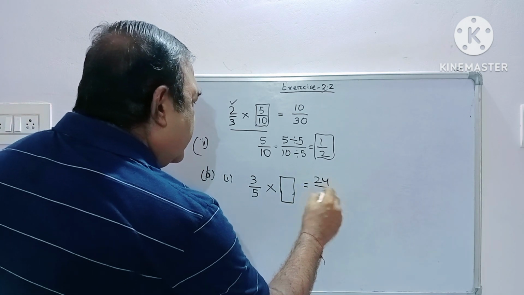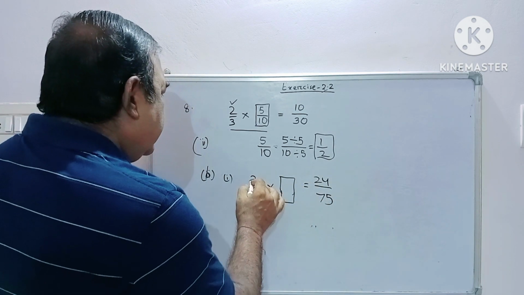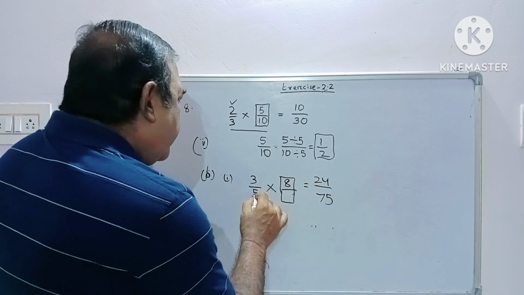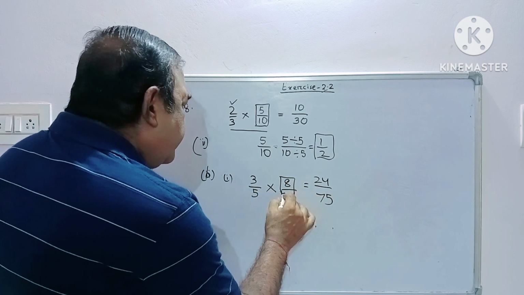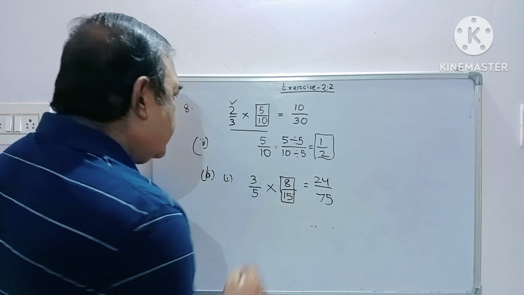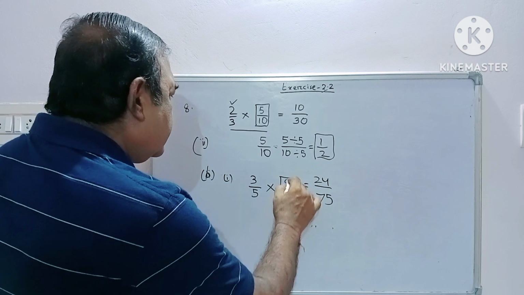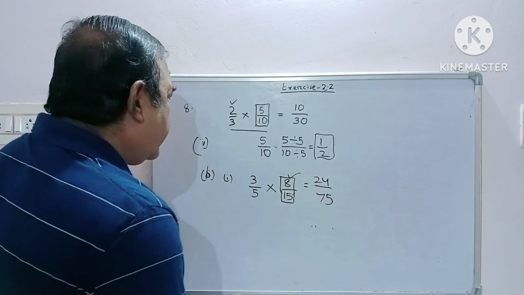So 24 upon 75. You see, 3 eights are 24. 5 into 15, 15 fives are 75. So the number is 8 upon 15.